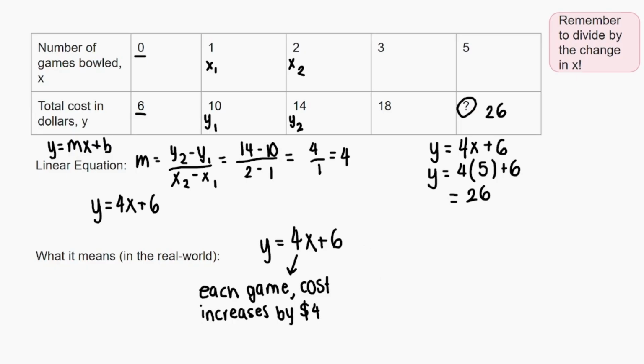And this 6 right here is the y-intercept. So this 6 would still be there even when x is 0. So it's something that can be represented like a shoe rental. Even if you don't play any games, when you go into the bowling place, you need the shoes, so that would be $6.